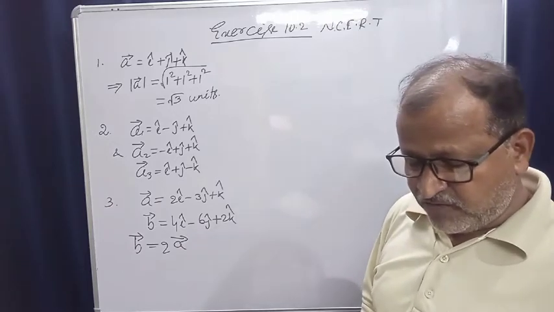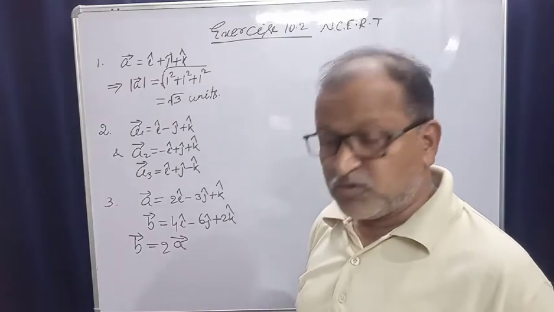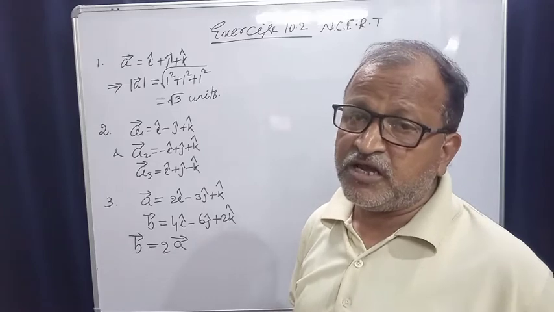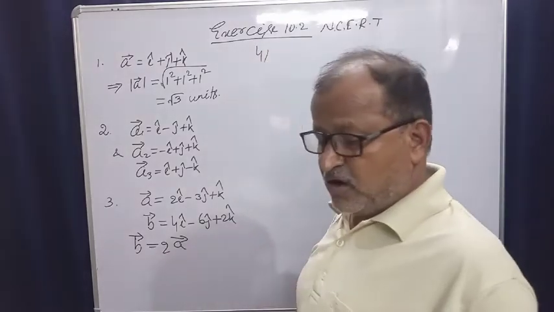Number 4. Find the values of x and y so that these two vectors will be equal. When will two vectors be equal? If their corresponding components will be equal. Number 4. Right?